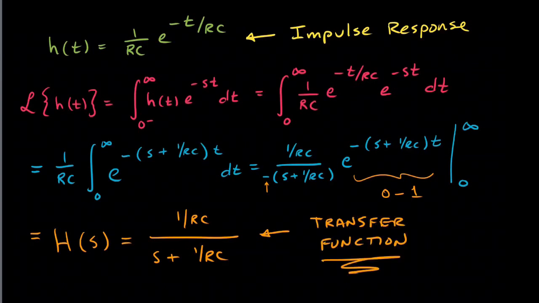Matter of fact, it's a definition, essentially, that the transfer function for a linear time-invariant system is the Laplace transform of the impulse response of that system with 0 initial conditions.